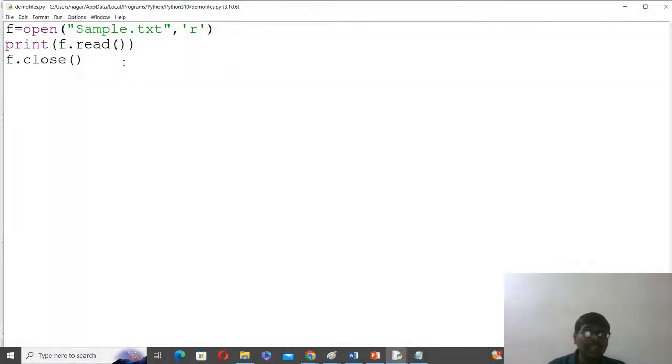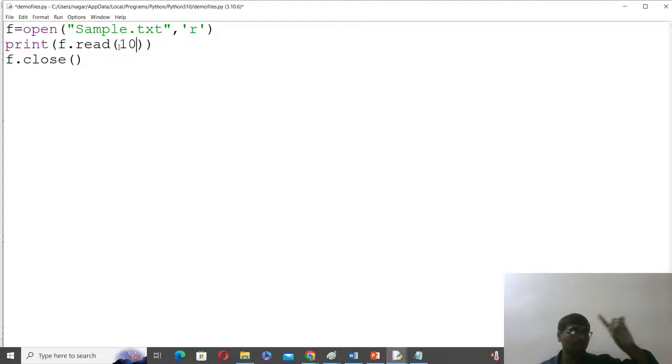Now this read method has one more variation: within the parentheses you can write some value, assume n. That means instead of reading the entire information, it reads the number of characters that you want. I am not reading the total file. For example, I give 10.